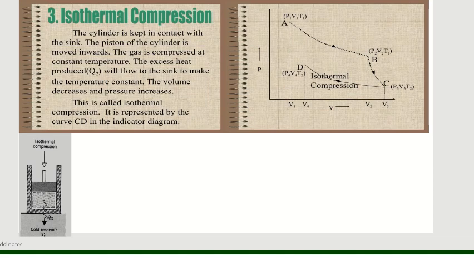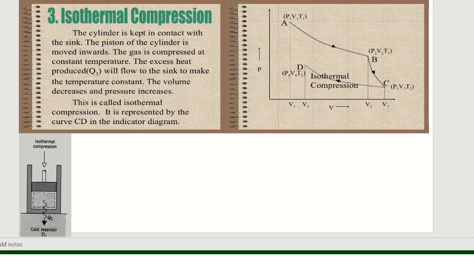Now we remove it from the insulating stand and place it on a sink. Here we can see in this diagram the cylinder is kept on the sink, and we know that the sink has a low temperature but a high thermal capacity. So now the gas is compressed.